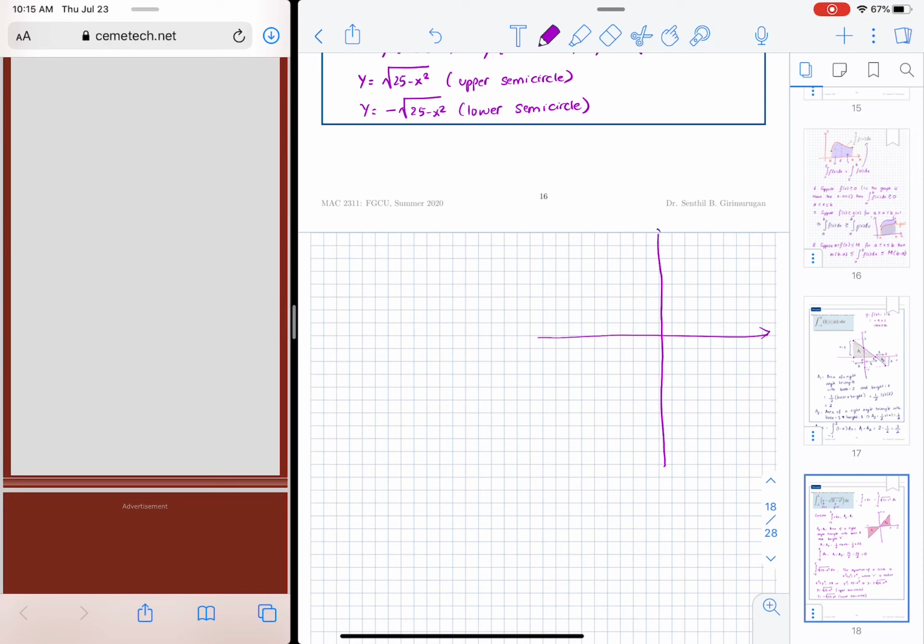So radius 5. Doesn't look like a circle, but you get the point. So we want to find that area.